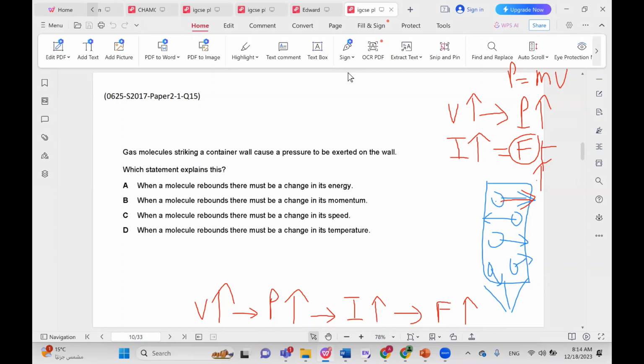Well, we should know that pressure is equal to force over area. So as the force increases, the pressure also increases. Watch out, because this P stands for pressure and this P here stands for momentum. Maybe we can just change it to M so as not to confuse you. This is momentum.